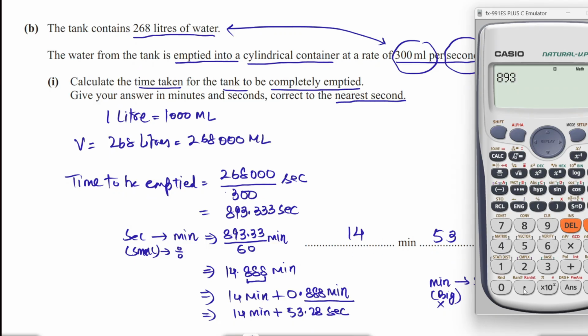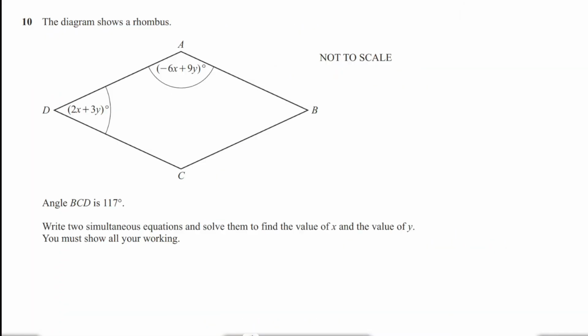So 893.333 divided by 60, and we got 14 minutes and 53 seconds, and some value further. So that can also be utilized. This button can be utilized for that. Okay. So that depends on how you have been taught. Let us move to the next problem.